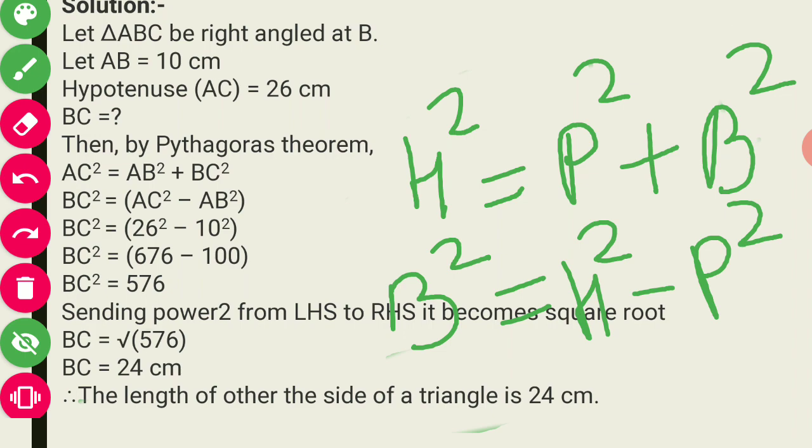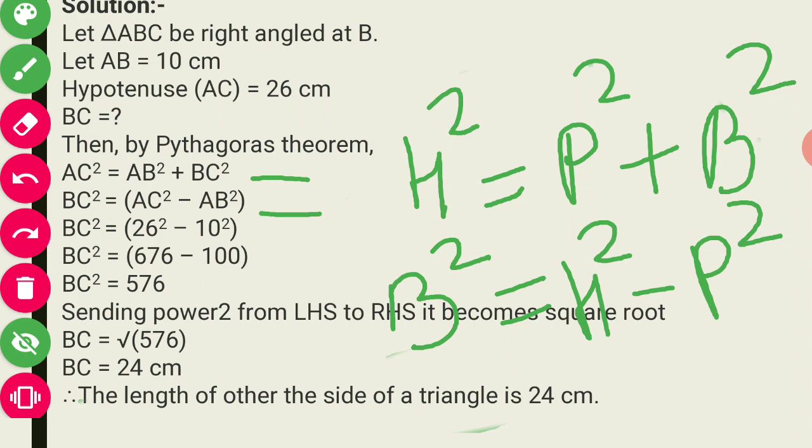You can see here by Pythagoras theorem, AC square is equal to AB square plus BC square, and to calculate BC square from AC square, this AB square is subtracted, and since AC is 26, so 26 whole square minus 10 whole square. The value of 26 whole square will be 676, and the value of 10 square will be 100. So when you subtract, you are getting 576. So BC square is 576.